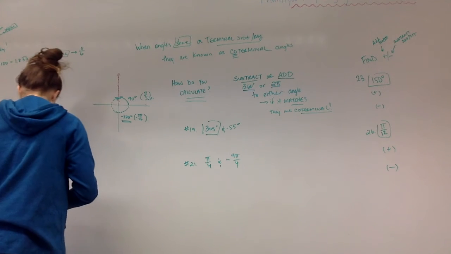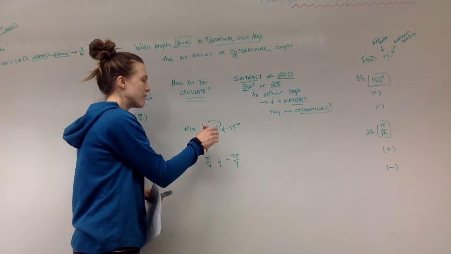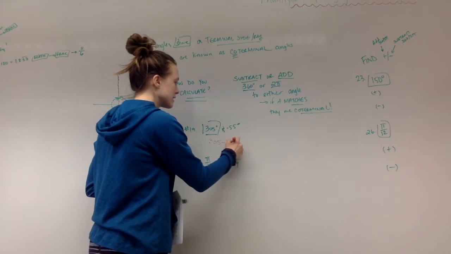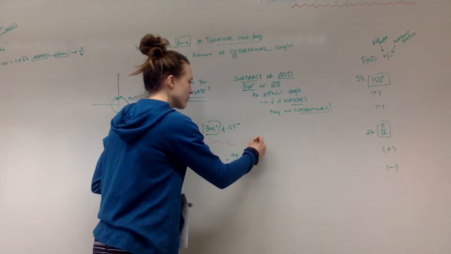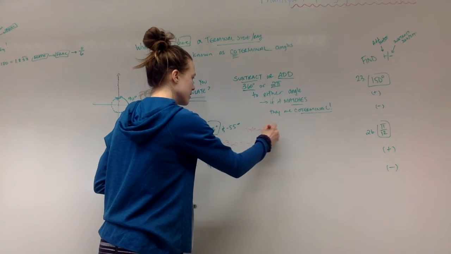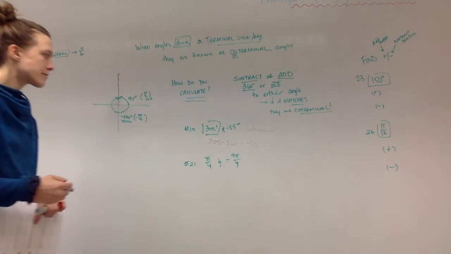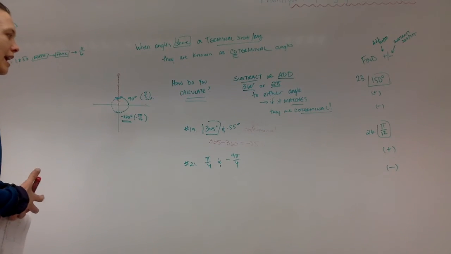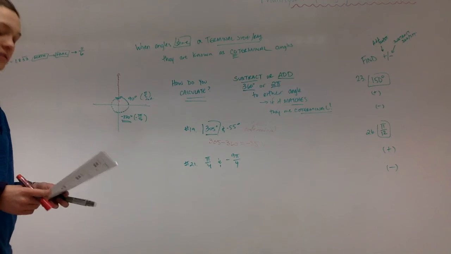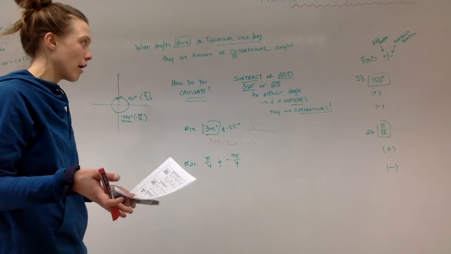In number 19, because 55 is less than 305, I'm going to try subtracting. 305 minus 360 gives me minus 55. So these are coterminal angles. You can do number 20 with 30 and negative 170, and your answer will be yes or no.